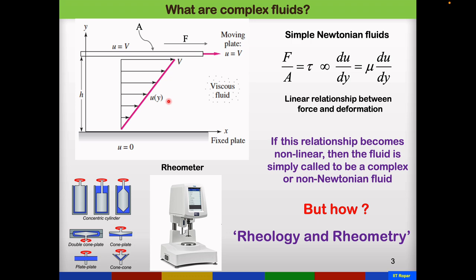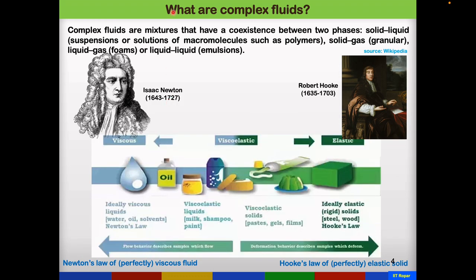Now if you want to ask me for a formal definition of complex fluid, this is the definition that I have taken from Wikipedia. Complex fluids are generally mixtures that have a coexistence between two phases, like solid and liquid.